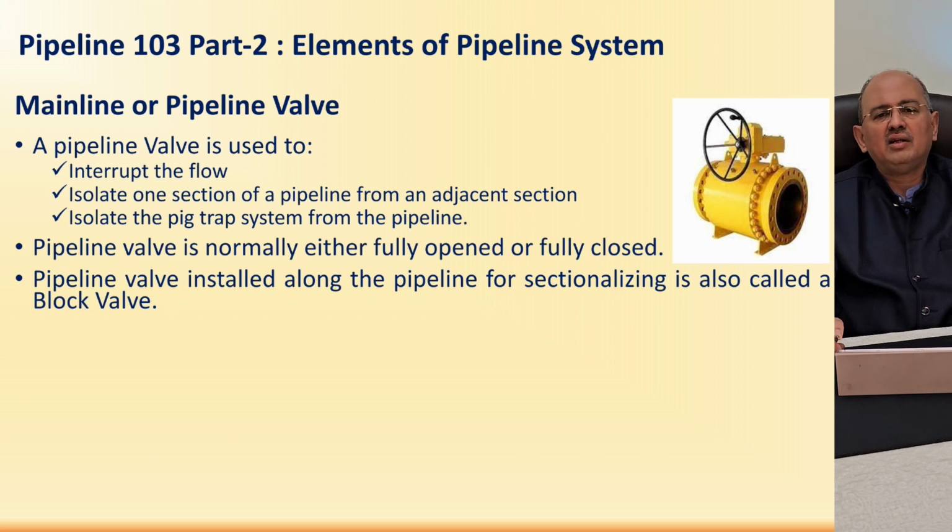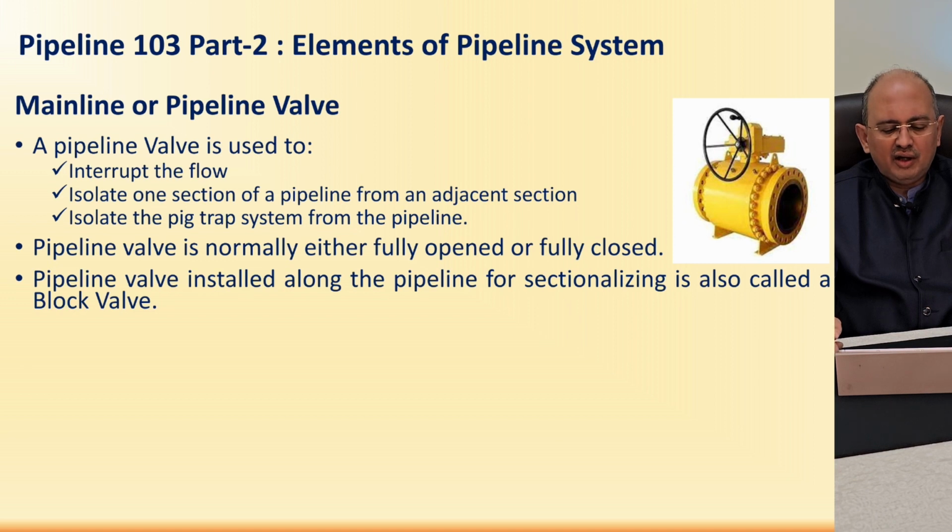If the leak is happening in the last 50 kilometer section, then you can close the earlier valve, which is also called a sectionalizing valve or block valve. By closing such valves, you prevent the entire inventory in the pipeline from leaking, and it helps in two ways. One is that the environmental impact can be minimized, and the other is your inventory, which is money finally, because it has a price. All this inventory can be saved instead of being wasted to the soil, ground, or atmosphere.